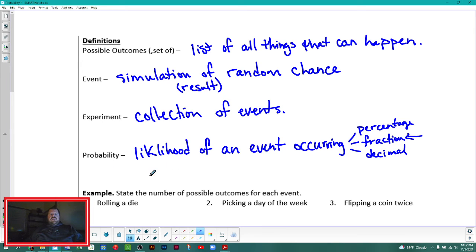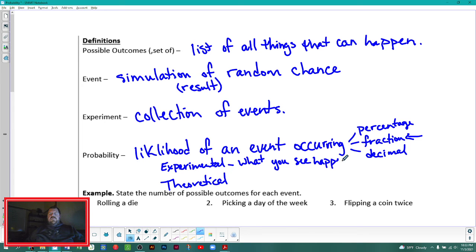And then probability has 2 kind of branches that it even lives in. There is what we call experimental probability, and there's theoretical probability. Experimental probability is what you see happen. So we just did an experiment that found some experimental probabilities.